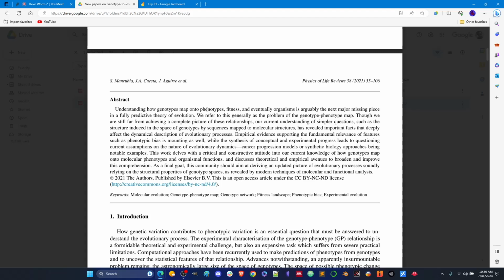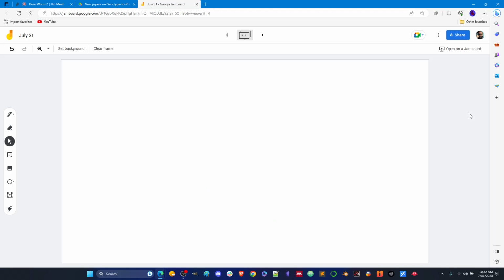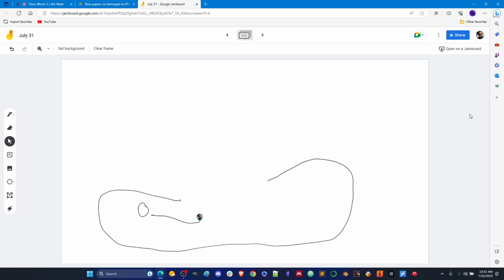We generally refer to this as the problem of the genotype to phenotype map. If we move into conceptual land for a minute, and we talked about this in the meeting, we have these networks of gene-gene interactions and protein-protein interactions. We can collectively call this the genotype.